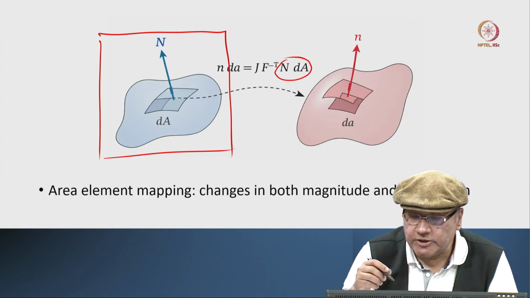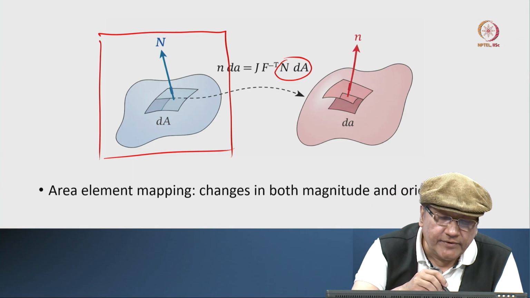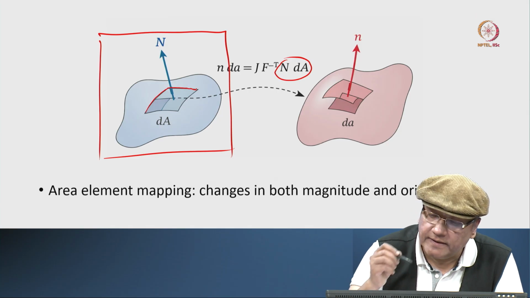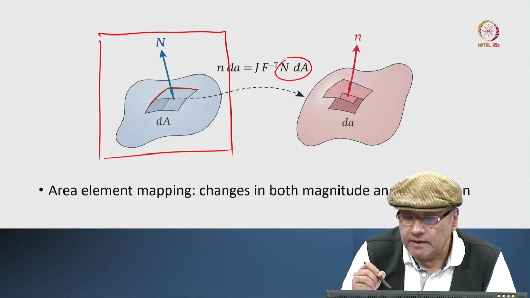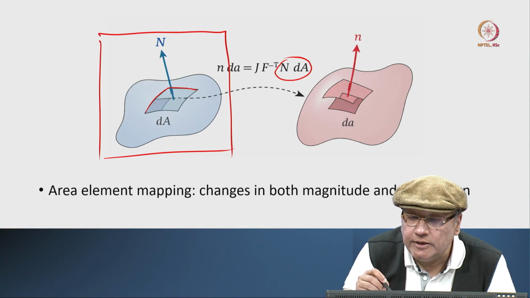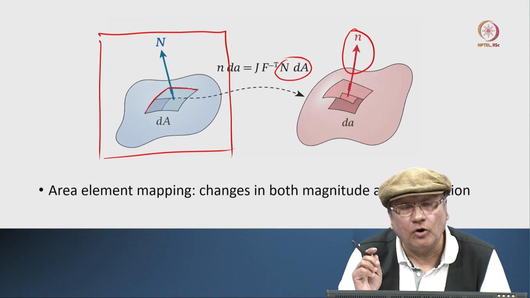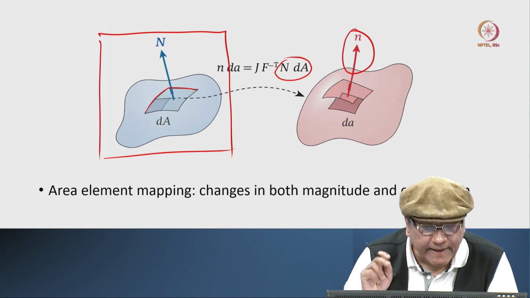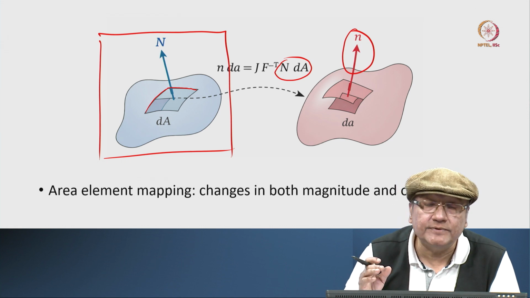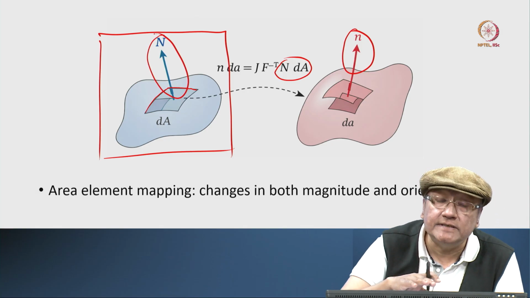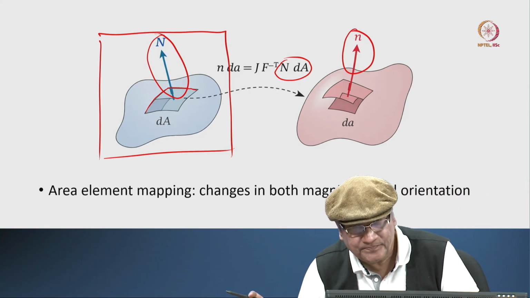Then under the deformation, this area element gets transformed to a new area element, which is represented by this new normal, small n. So that new normal small n has not just changed its magnitude vis-a-vis capital N, but it has changed its orientation also, right.